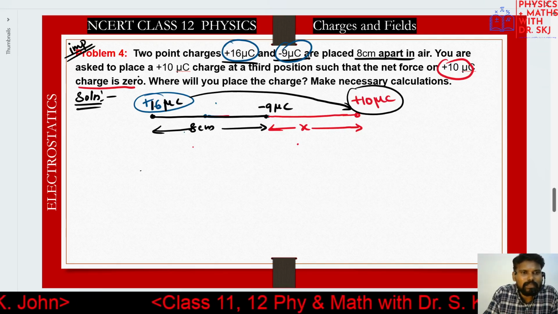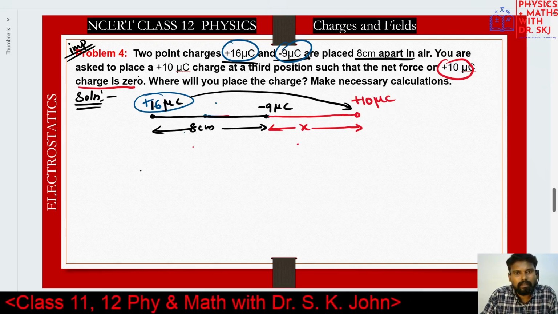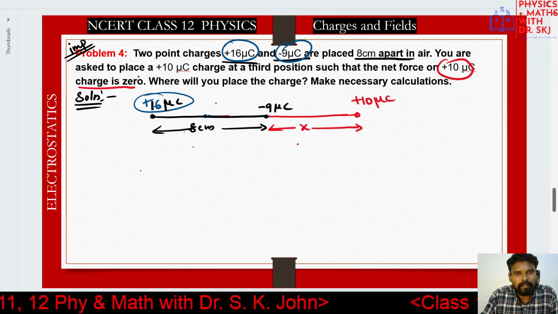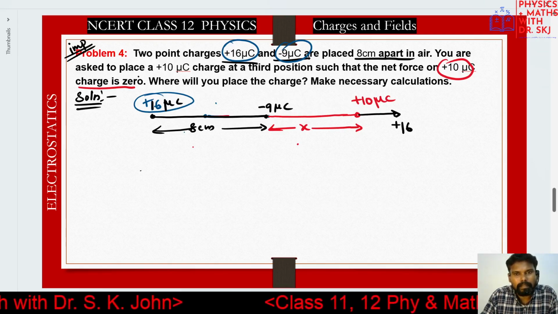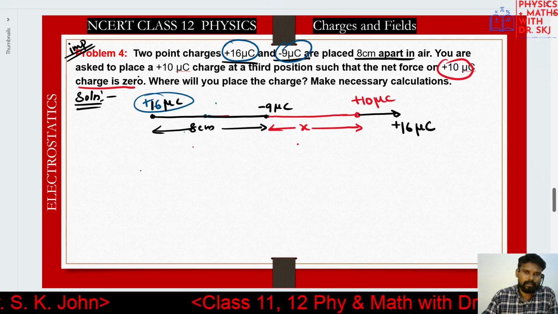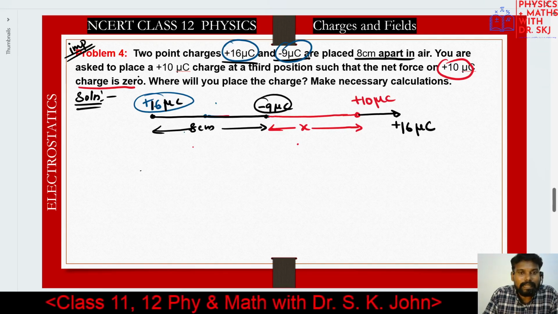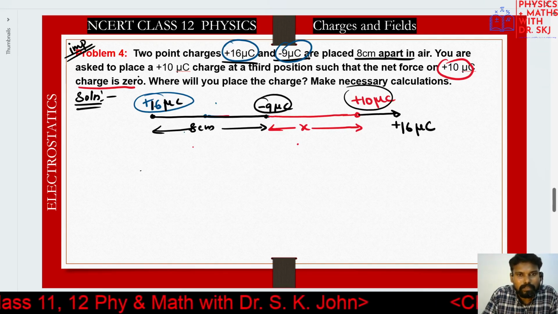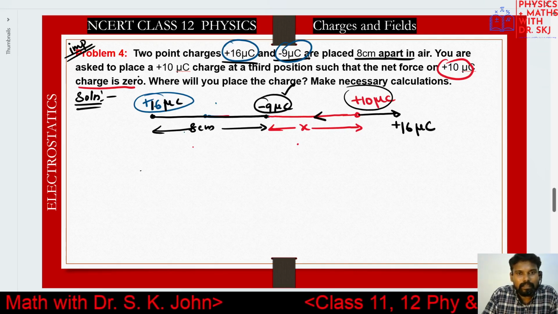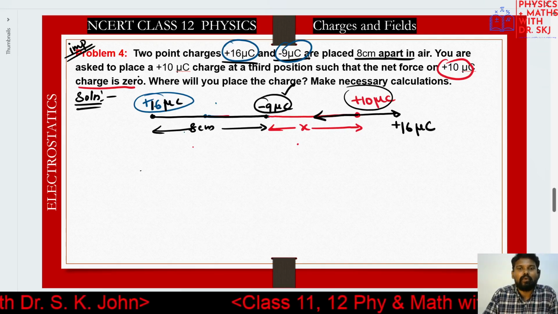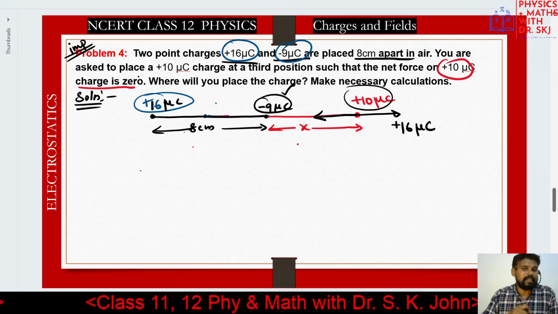Both are positive charges, so this plus 16 microcoulomb charge will repel it. And what about the minus 9 microcoulomb charge? That will attract this plus 10 microcoulomb charge, because it is a negative charge. They are opposite charges, so that will attract. So here there is a chance for the forces to be cancelled, because these two forces are in the opposite direction.